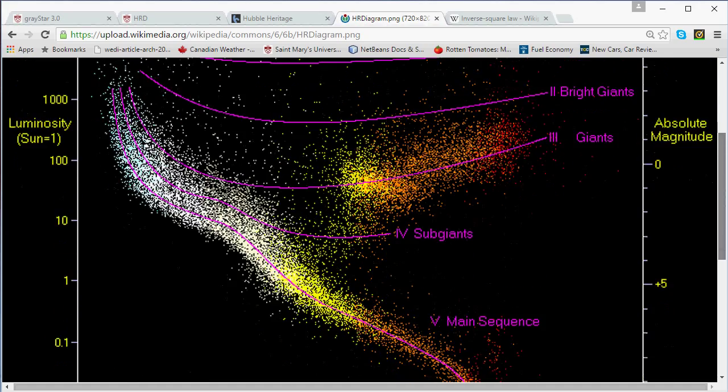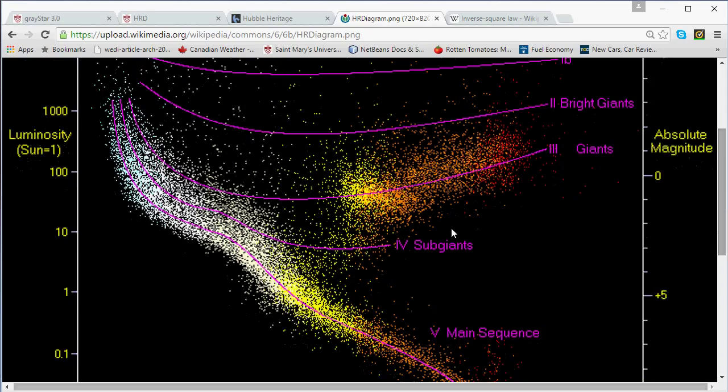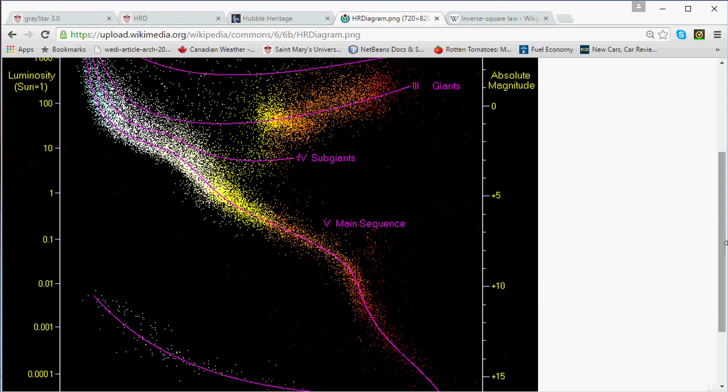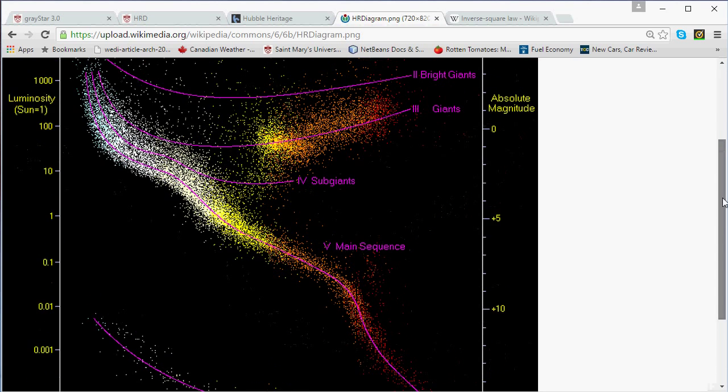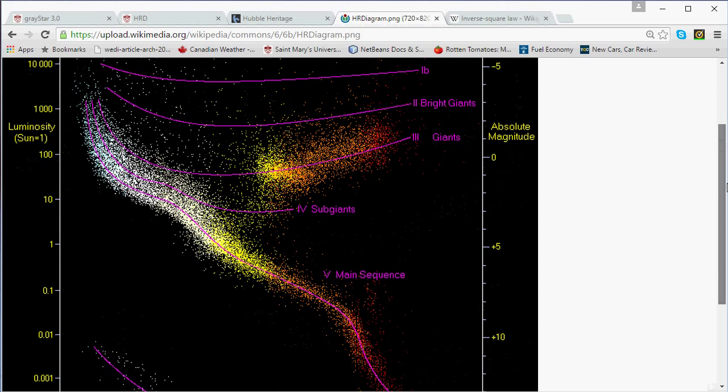Okay, so standing back and looking at this overall HR diagram, let's go back and remind ourselves of those two predictions that we made earlier, prediction 1 and prediction 2. Prediction 1 was the one where we guessed that stars would be uniformly distributed throughout the entire HR diagram if nature could make stars with any old combination of effective temperature and luminosity with equal probability.